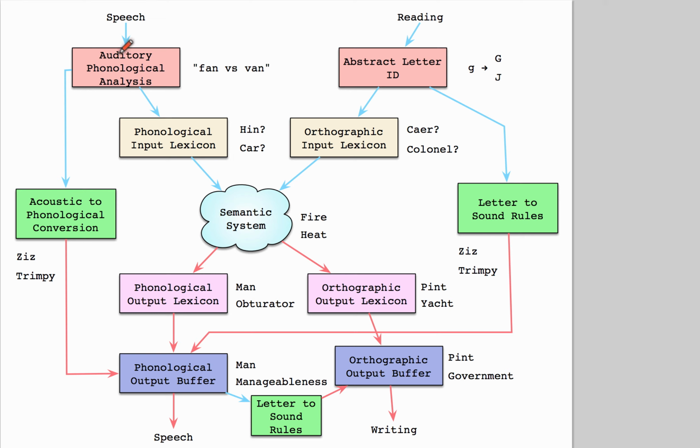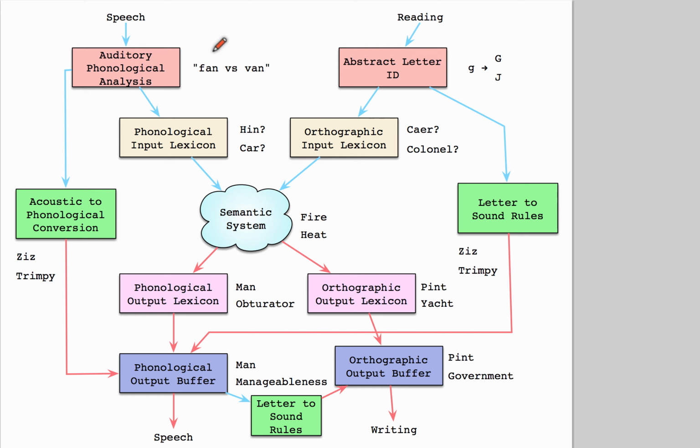So let's talk about these processors, and we'll start on the input side. So speech. We hear someone speaking to us. The first thing we do is we get into the phonological processing system, where we start to discriminate the different speech sounds, right?